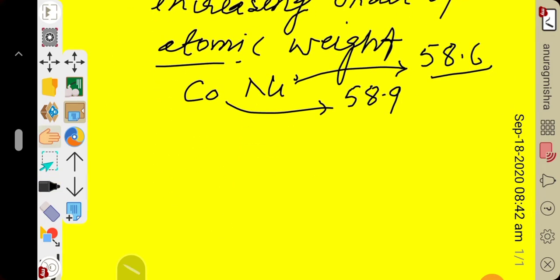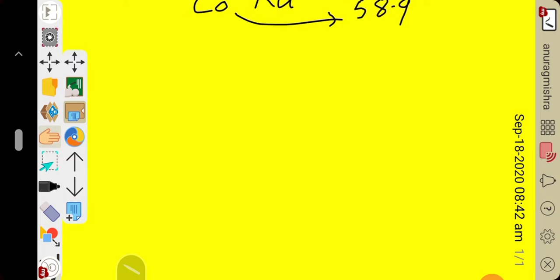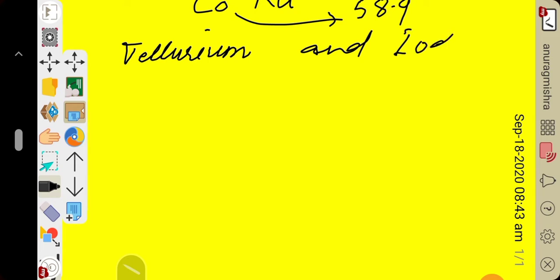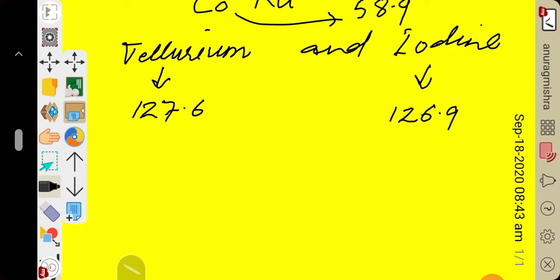One more example I would like to explain is the position of tellurium and iodine. The atomic mass of tellurium is 127.6, while the atomic mass of iodine is 126.9.